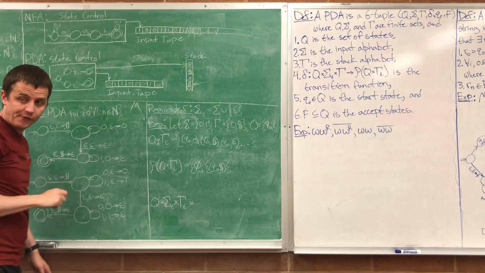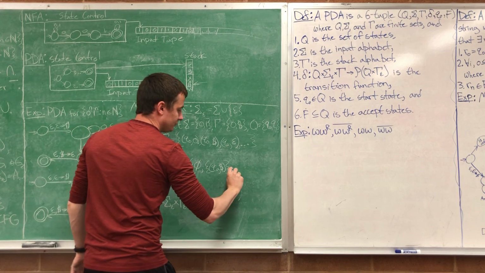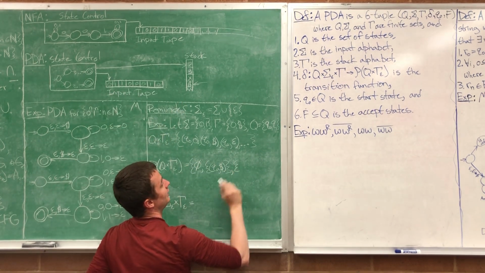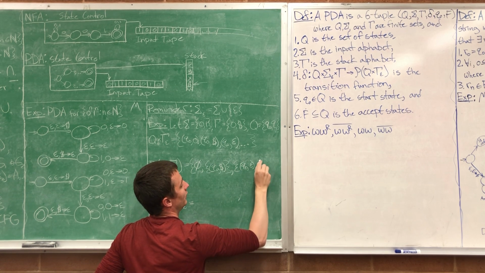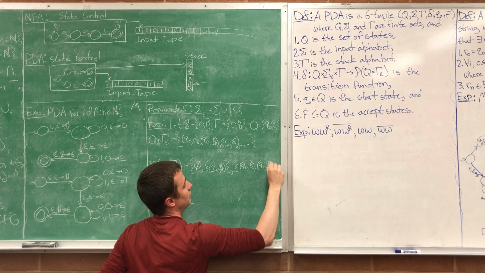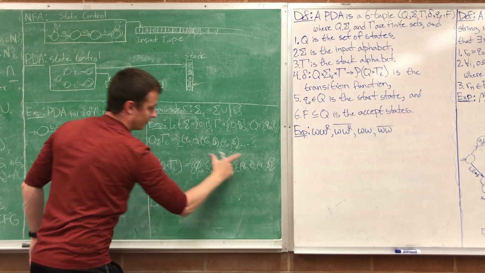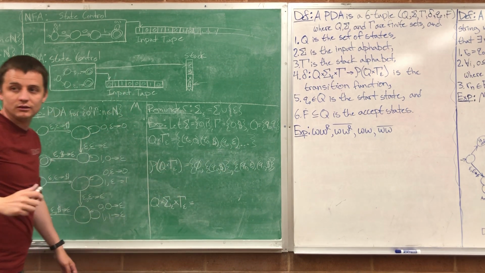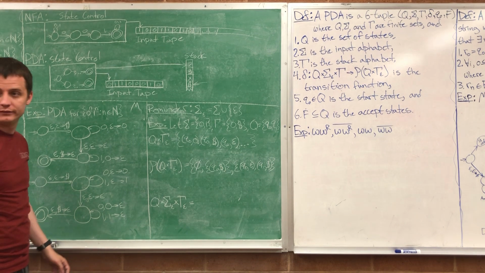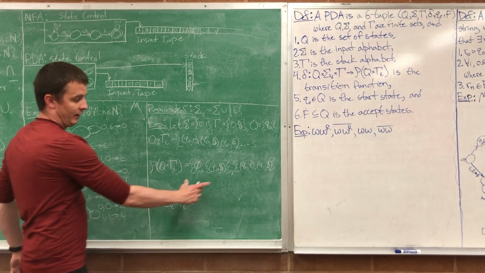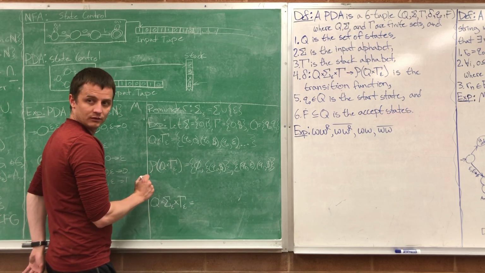So yeah, it's everything where... We could do the set containing q naught epsilon along with q1 dollar sign. This is a subset of this. Right? You remember what it means to be a subset?